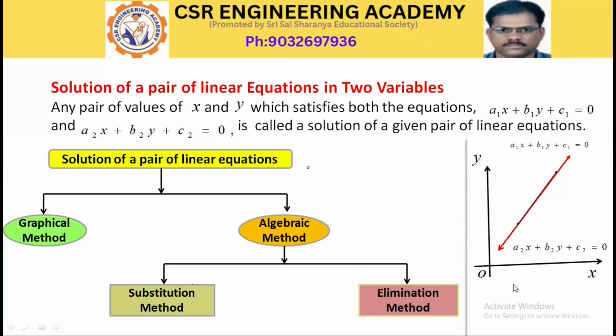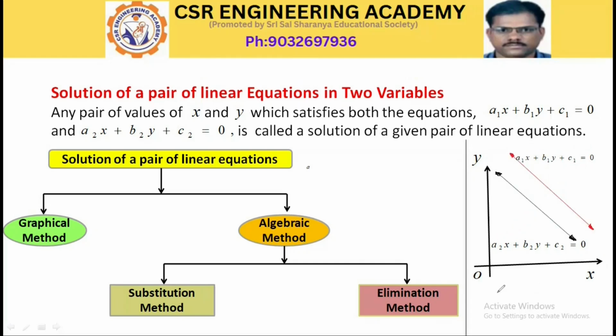In this case, the pair of linear equations is consistent and dependent. If a1/a2 = b1/b2 = c1/c2, then the pair of linear equations is consistent with infinitely many solutions. Here the two lines coincide with each other.